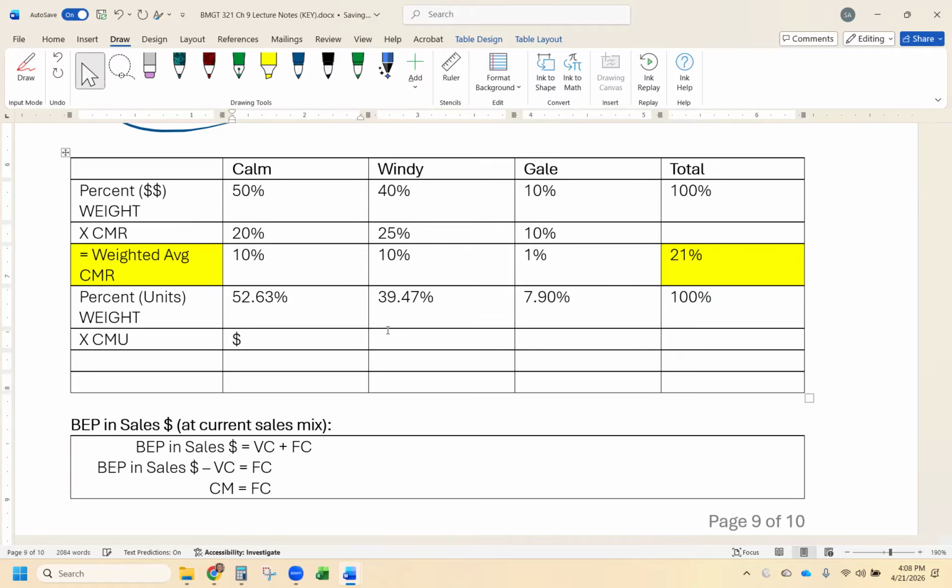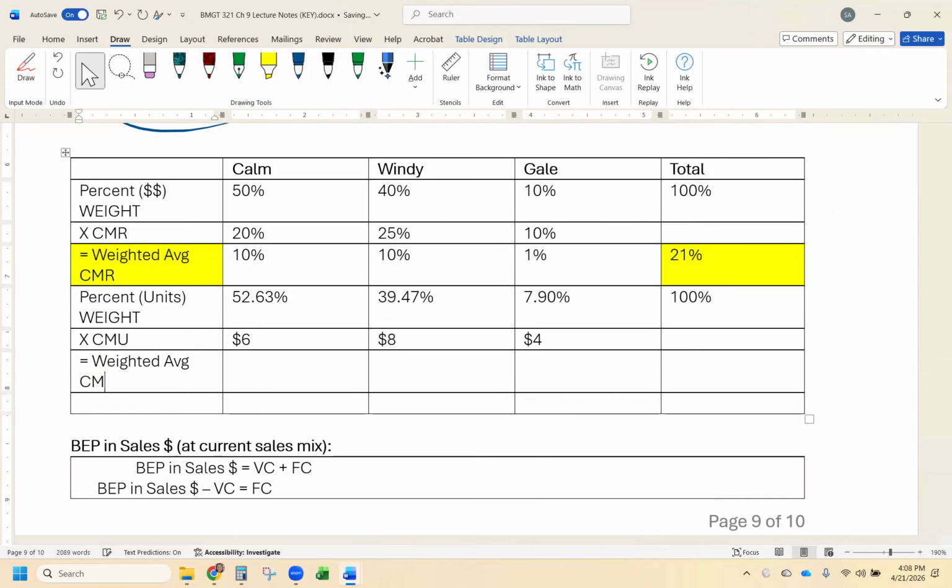And it gives us that in the problem as well. 6 and 8 and 4. Those don't have to add up to 100 because that's just the actual dollar amounts that they are. And this gives us our weighted average CMU. And I already did this math for you as well.